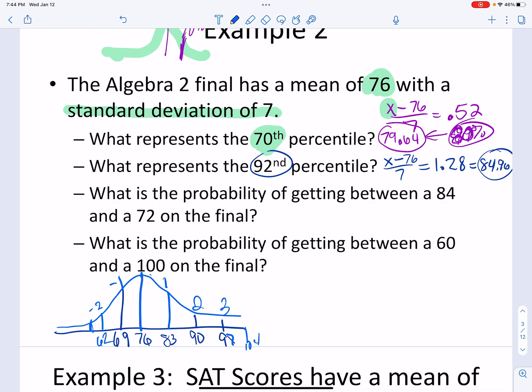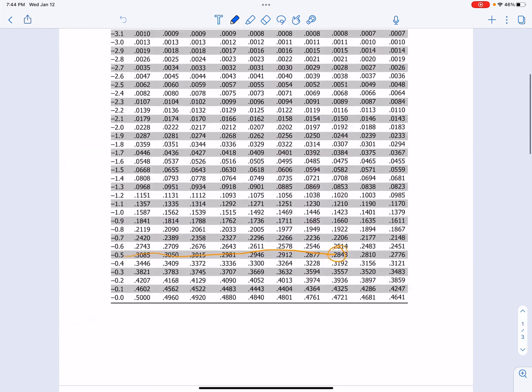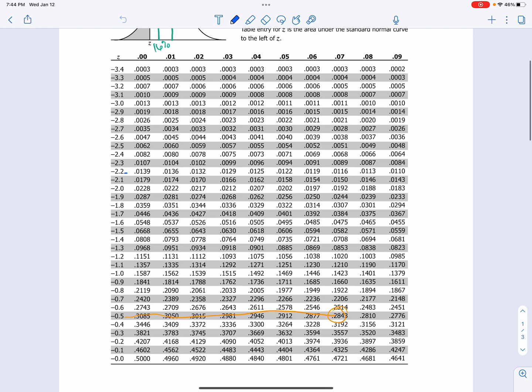So let's do the 60 first. 60 minus 76 divided by 7 ends up to be a negative 2.29. I'm going to find out what percentile that is. Okay, negative 2.29.